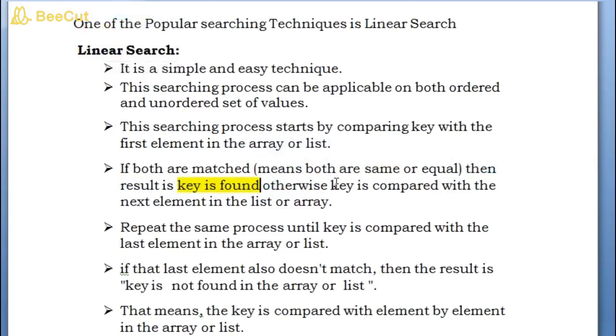Otherwise, key is compared with the next element in the array or list. Try to understand. First we compare the key value with the first element of the array. If both are equal, we say that key is found.